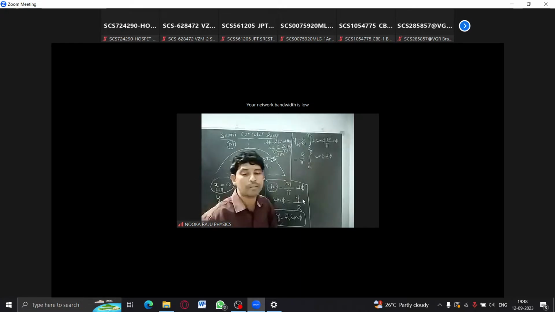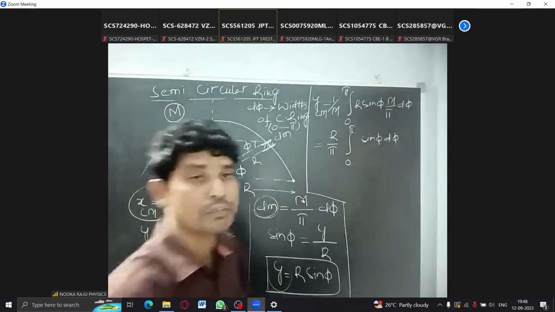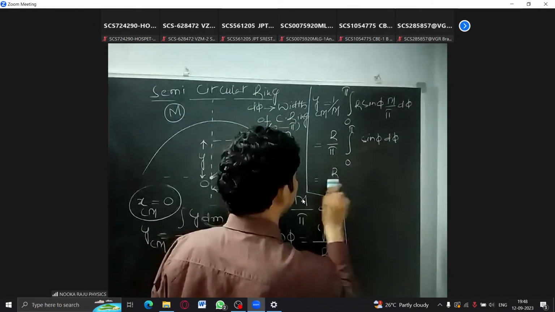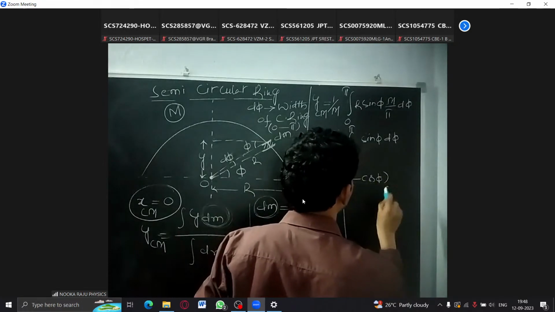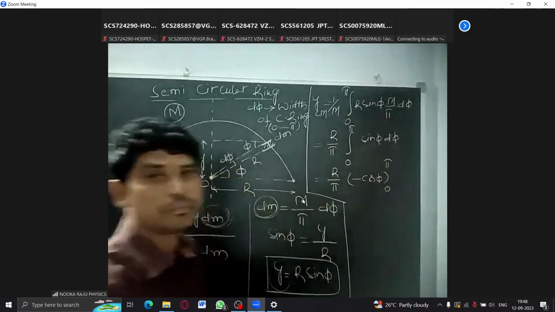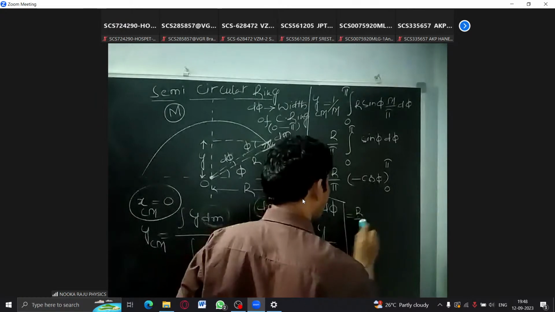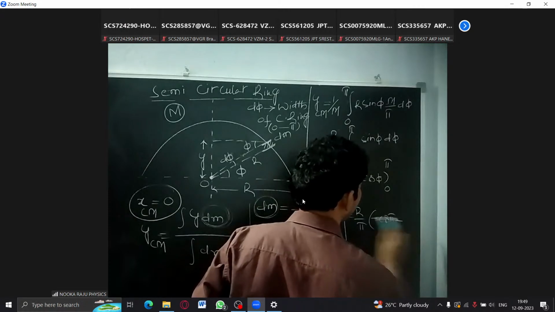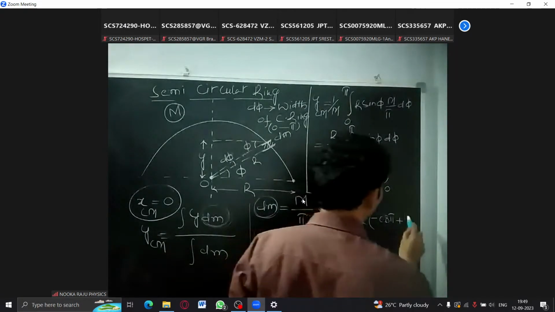Now tell me, what is the integration of sin phi? Minus cos phi, is it correct? So r by pi into minus cos phi, with limits from 0 to pi. Now I want to find r by pi times upper limit minus lower limit: minus cos pi minus of minus cos 0.